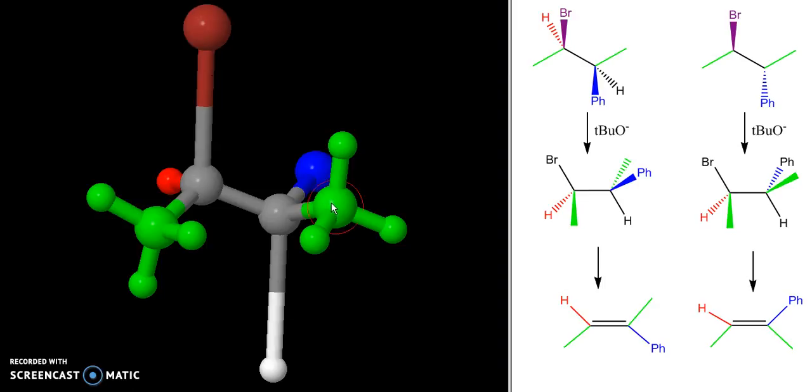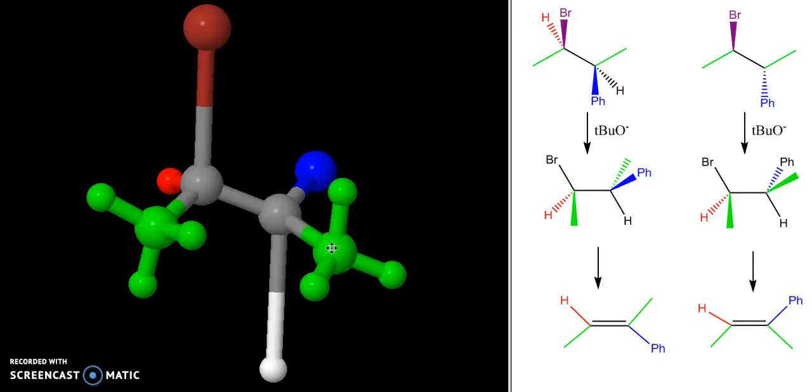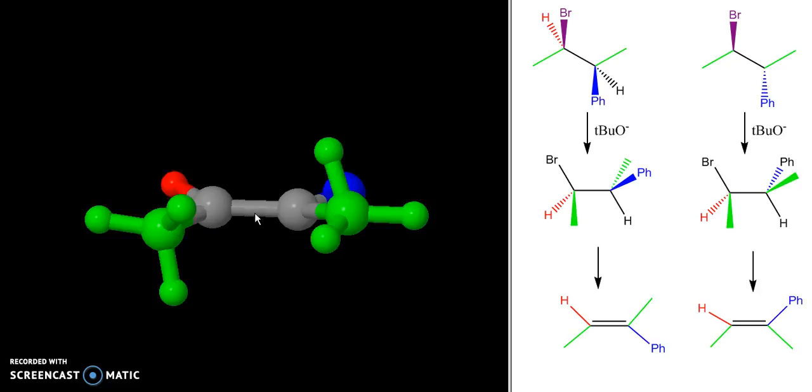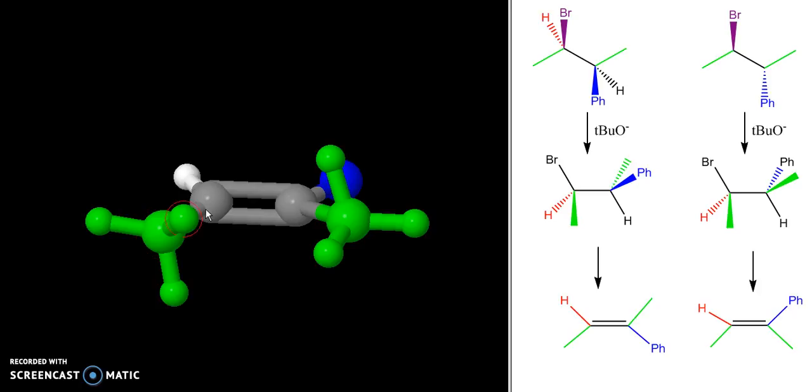As that happens, this starts to move into the plane, comes down, this goes up a little bit, this goes up a little bit, this starts to come down. Finally, these two atoms are gone, so that when the new bond forms, and unfortunately I turned that atom white, the methyl groups are cis to one another, just as we saw over here.